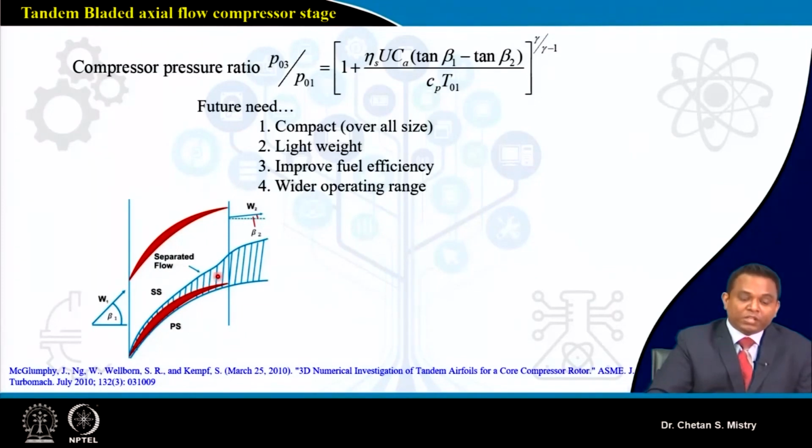Since this works under an adverse pressure gradient, meaning my inlet pressure is lower and my outlet pressure is higher, there are chances that my flow will get separated from the suction surface. Because of the higher deflection angle, a highly cambered aerofoil will give you flow separation.